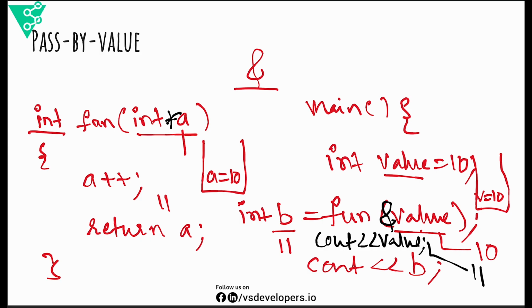No, you should receive it with a pointer, and you should also increment the value through a pointer. Since this integer is a pointer, you might not want to return a, because a is the address, so you should return star a, that is the value at a. Now your b holds 11, as well as your value holds 11.